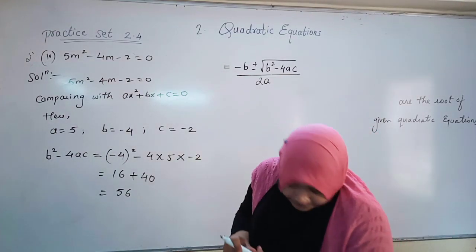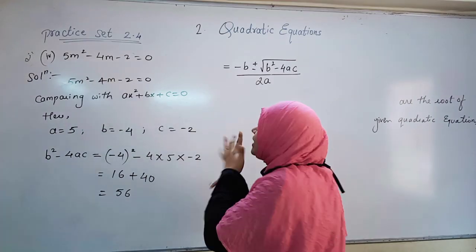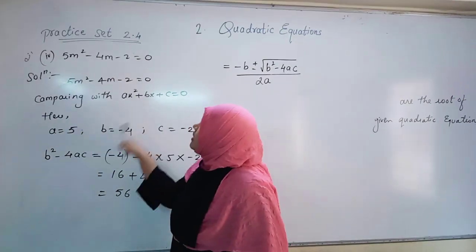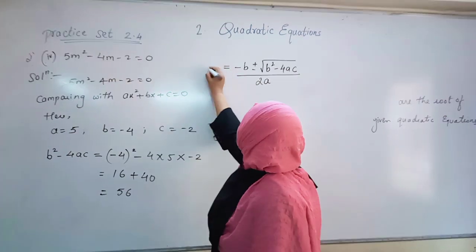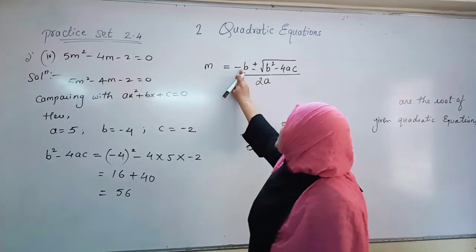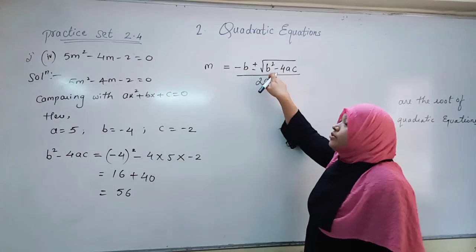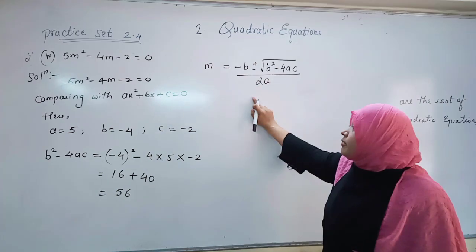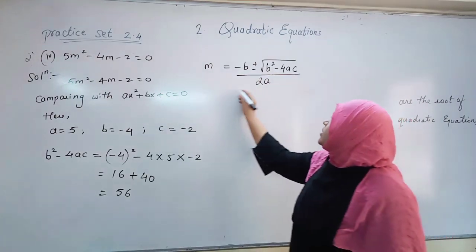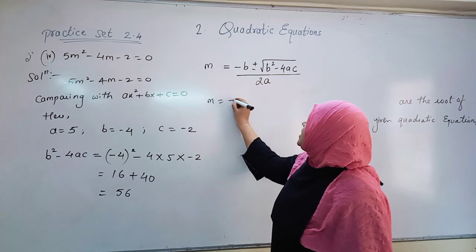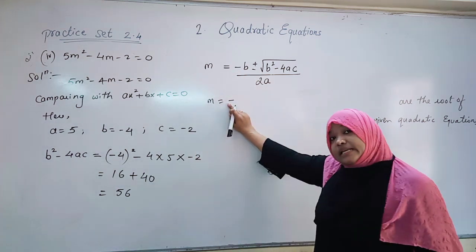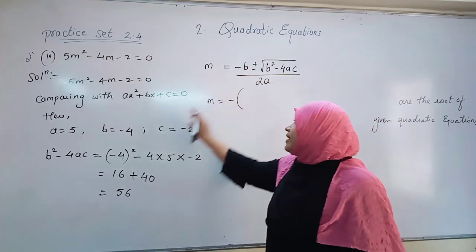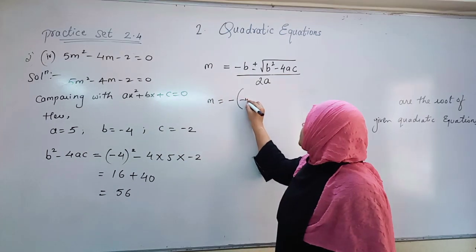Come on. Now we want to use the formula. Now student, the variable in the question is m. So we write here m is equal to minus b plus minus square root of b square minus 4ac upon 2a. Come on. So m is equal to minus, the formula's minus as it is, b value is minus 4.